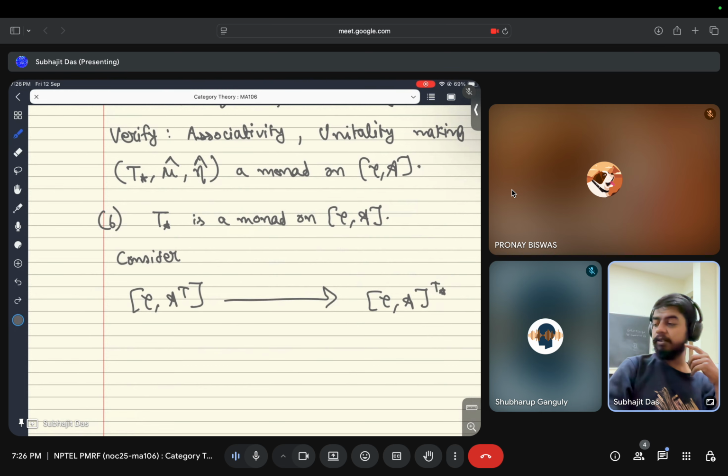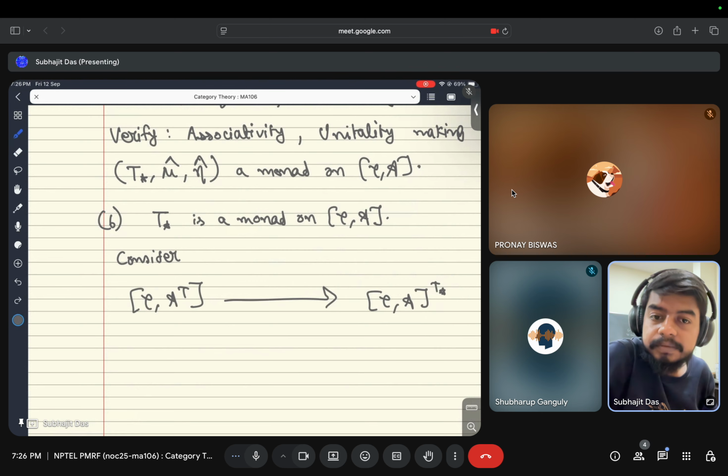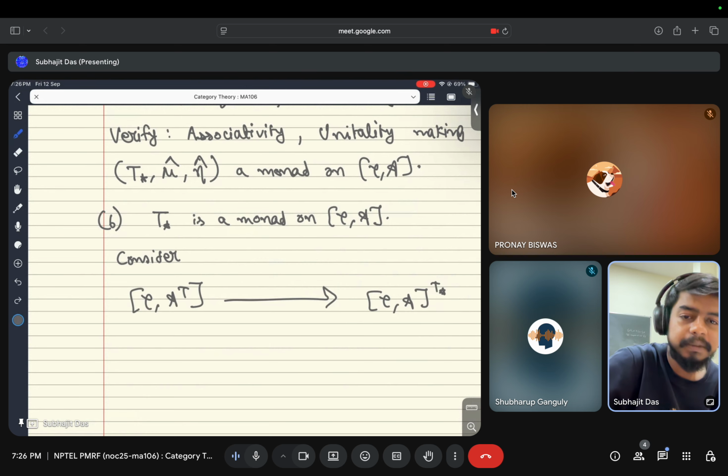What else do we know? Do you know anything about the universal property of the Eilenberg-Moore category of a monad? I mean, that's again a very strict term, but do you know any special property of the Eilenberg-Moore category of a monad?